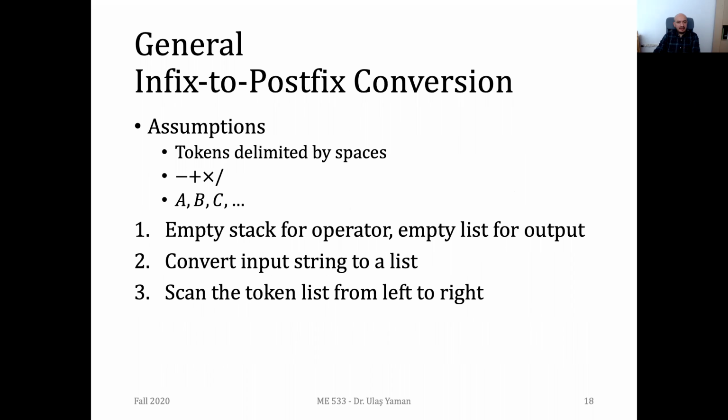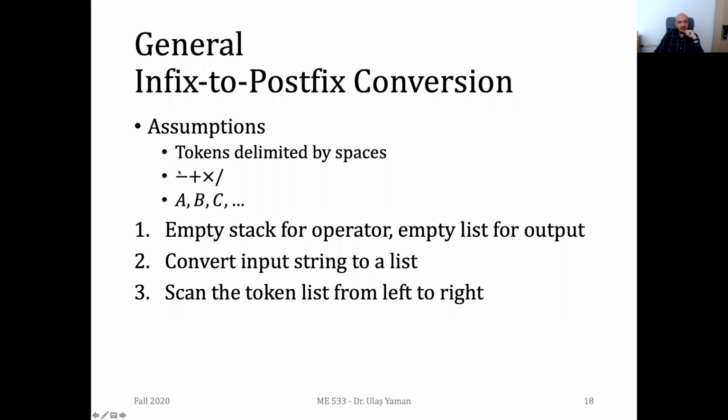So while doing the scanning operation, how are we going to implement it? In order to make it simpler, we will assume that the operators and the operands all have a space in between. So we don't combine them; they're not face to face. We have an empty space in between.